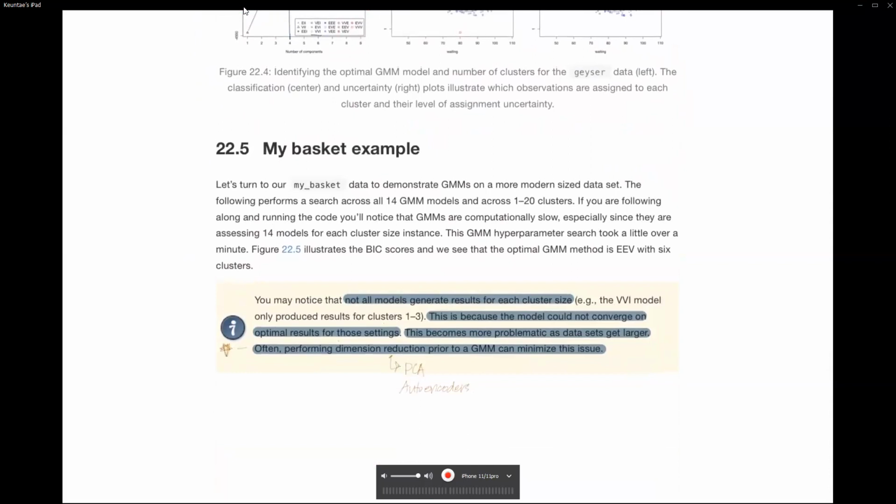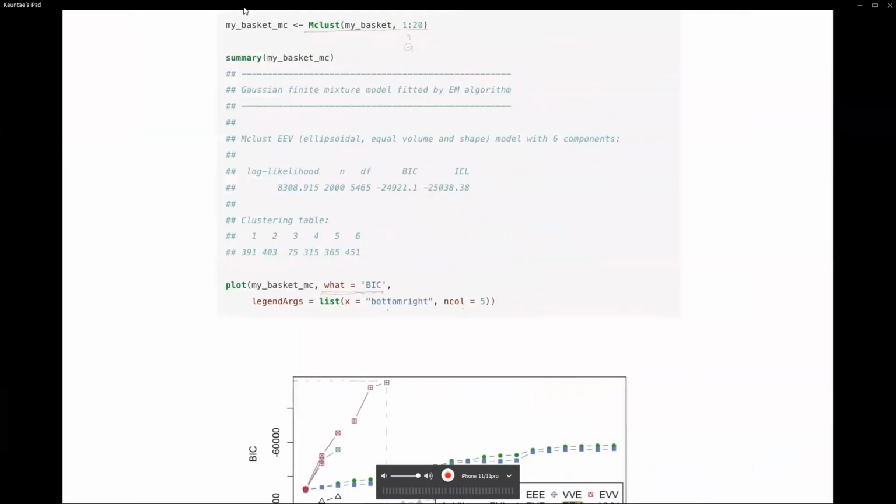And now, 22.5 is an example for grouping our transaction basket outcome. This can also be done based on mclust, and we can set up the number of clusters, testing the number of clusters from 1 up to 20.